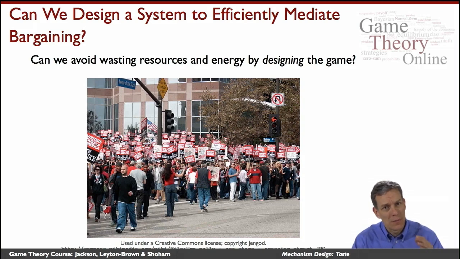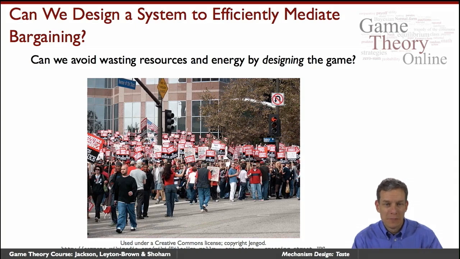So we're going to look in some specific detail at how to design things when we want to achieve efficiency, we want to get the best possible outcomes, and we realize that people have private information and they're going to try and take advantage of that and have incentives to try and get the best that they can get out, which doesn't necessarily always coincide with social efficiency. So when is it that we can get socially efficient outcomes? That's going to be the central question in mechanism design.